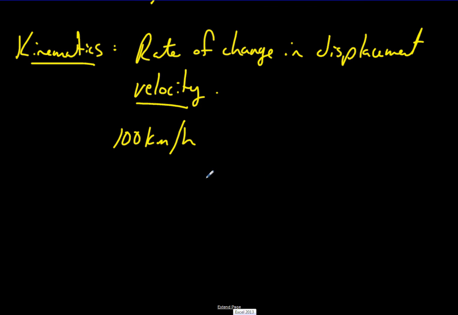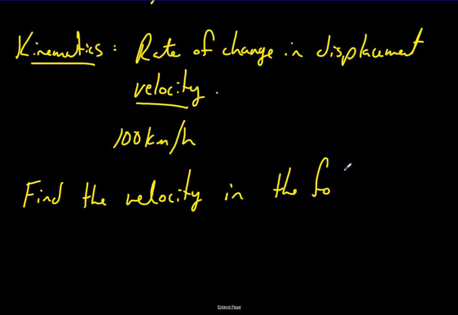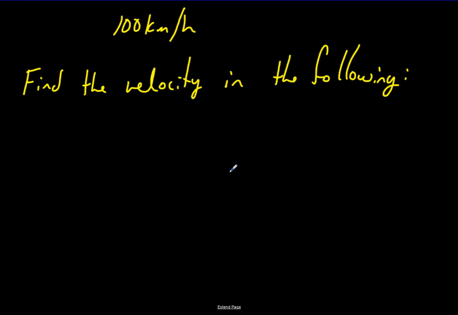Okay, so let's try and solve a quick rate problem in terms of rate of displacement. Find the velocity in the following. Alrighty, so I'm going to draw a little number line here to start off.